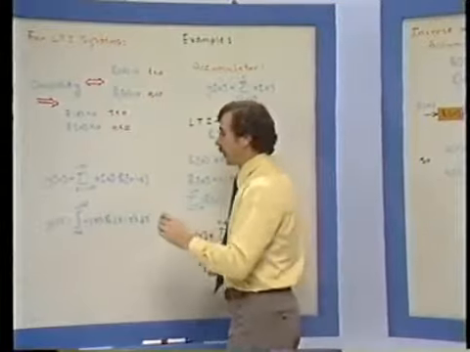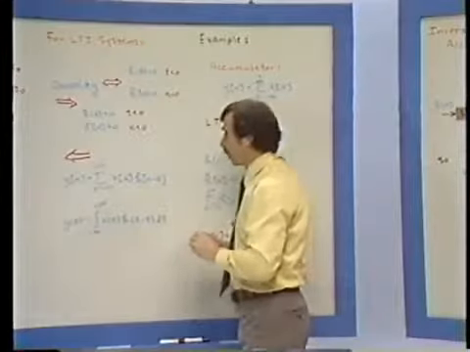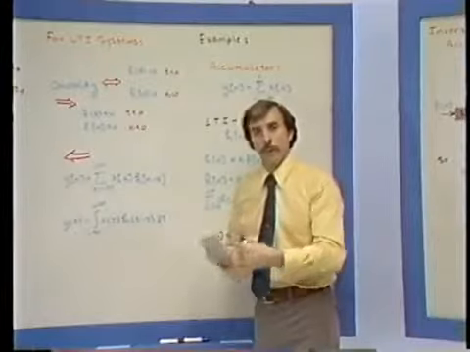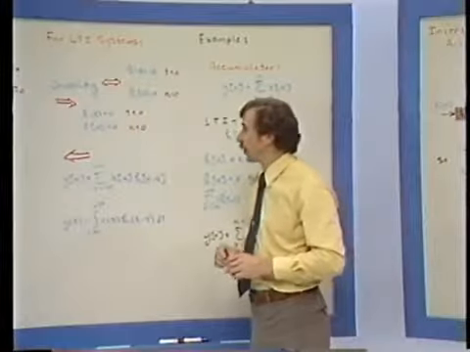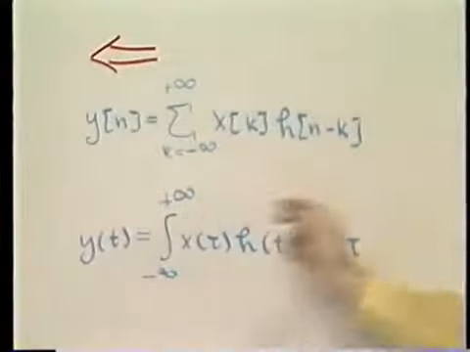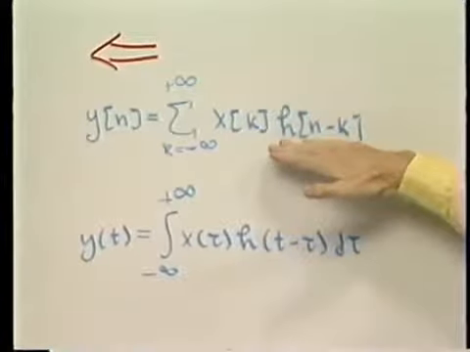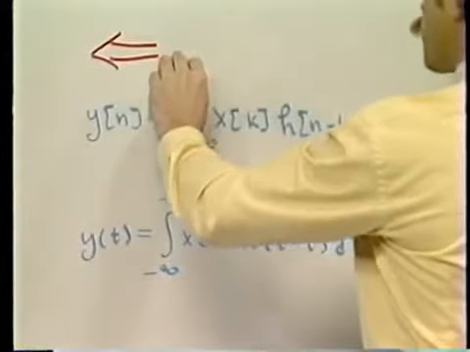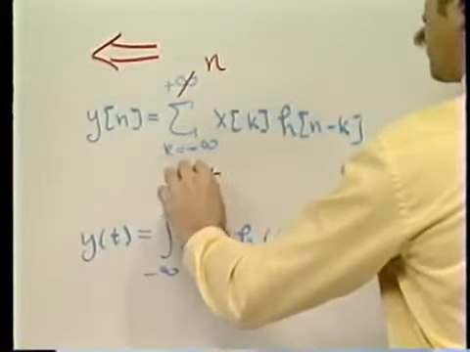To show the result in the other direction, namely to show that if, in fact, the impulse response satisfies that condition, then the system is causal, while I won't work through it in detail, it essentially boils down to recognizing that in the convolution sum or in the convolution integral, if that condition is satisfied on the impulse response, then the upper limit on the sum in the discrete time case changes to n, and in the continuous time case changes to t.